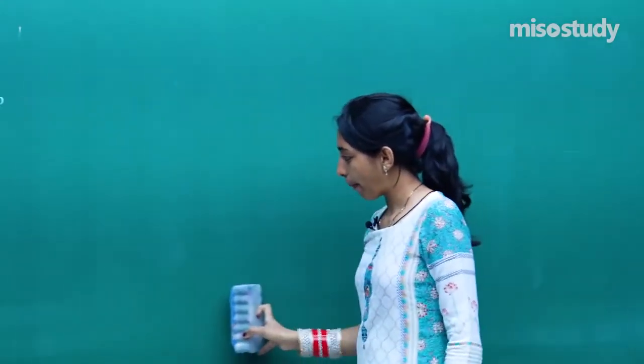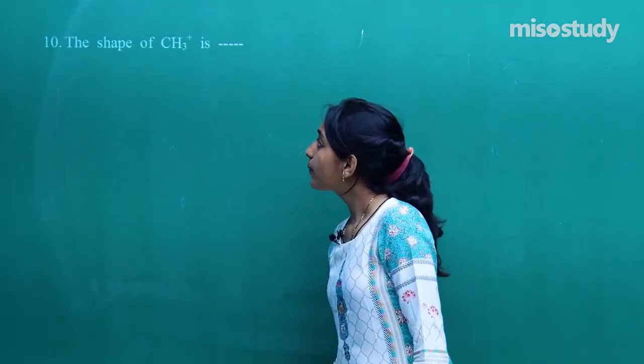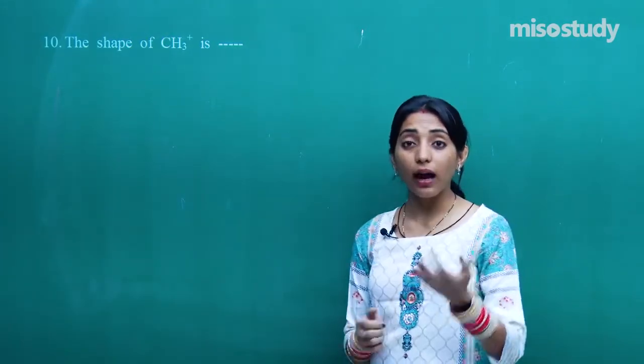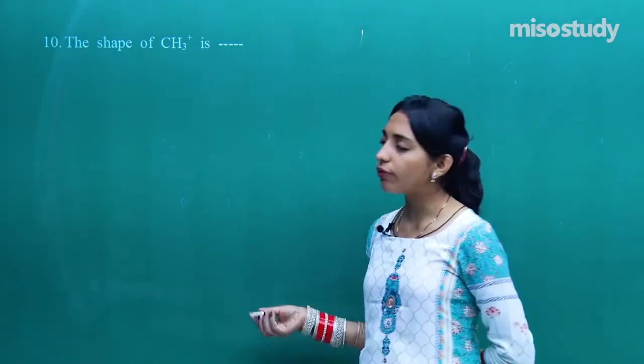Let's see the question. The question is, the shape of CH3 positive is, it's a carbocation, right? So we need to tell the shape and it's a kind of fill in the blank.